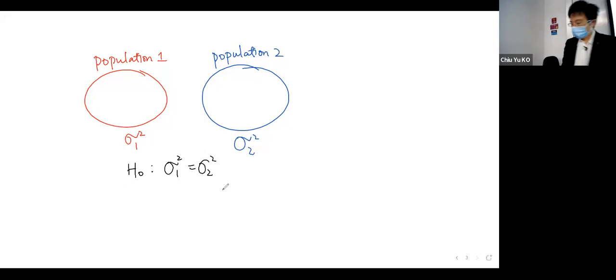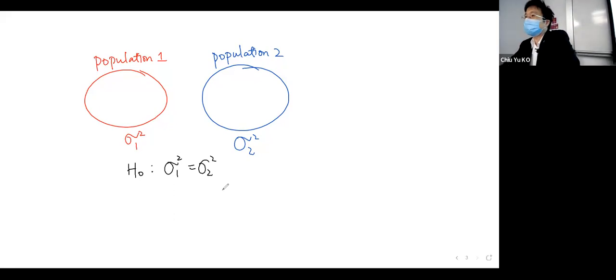Why is it important? Because you want to see if they share the same variance. For investment, you want to see if they share the same risk. For quality control, you want to see if two machines or two methods produce the same quality, because quality is usually measured by variance, the precision, or how well the machine is doing.